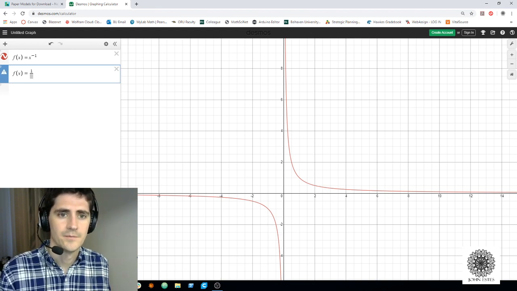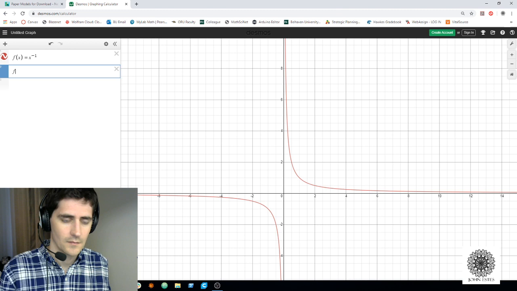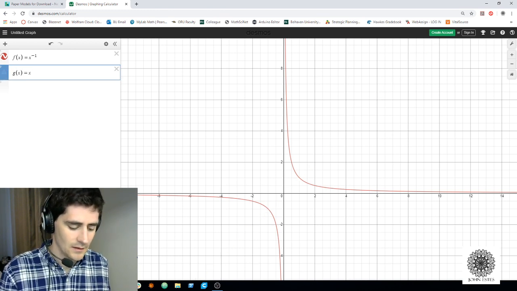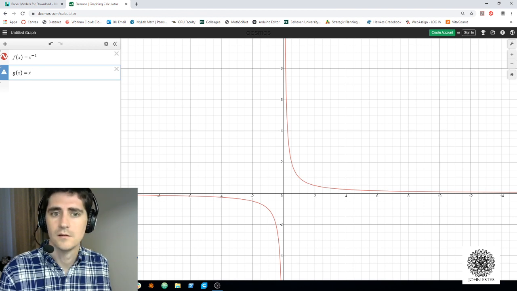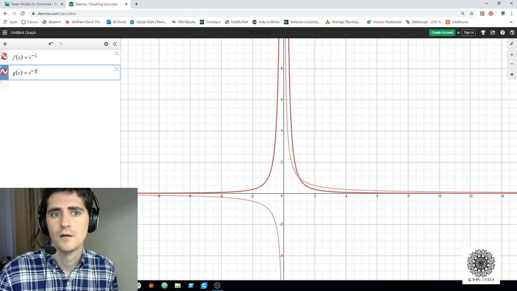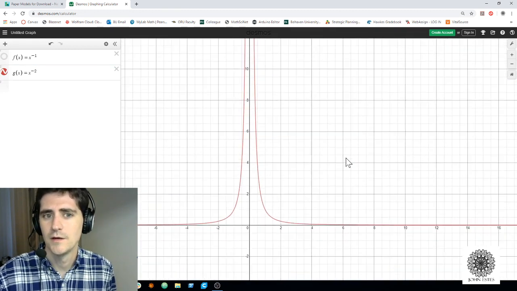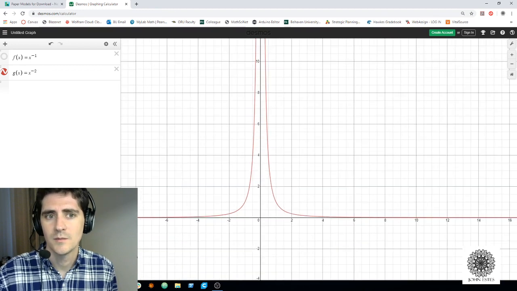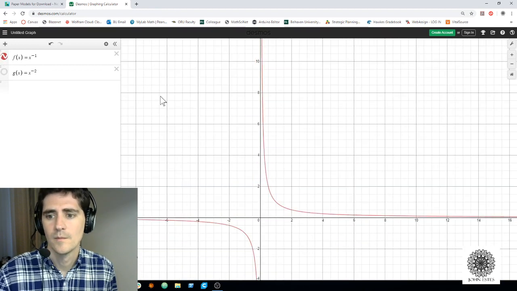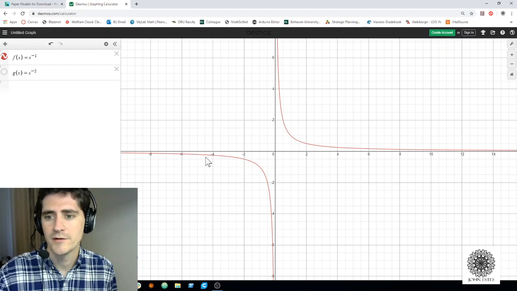Let's let g of x be, how about x to the negative 2 power? Let's just see how it changes. All right, so take off f. It looks very similar to x to the negative 1, except with x to the negative 1 power, I'm down here in the third quadrant on the negative side of the x-axis.